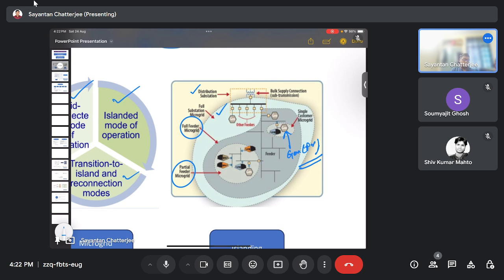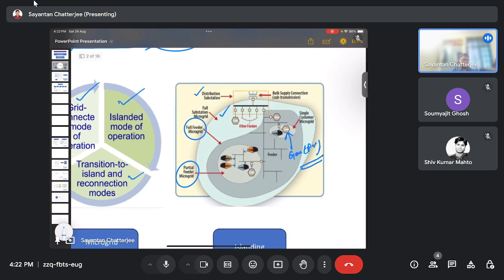If the customer can sustain from its own PV generation, then this area becomes a single customer microgrid. So the customer has isolated themselves from the main grid. That's the overall view of these four operation modes of microgrids.